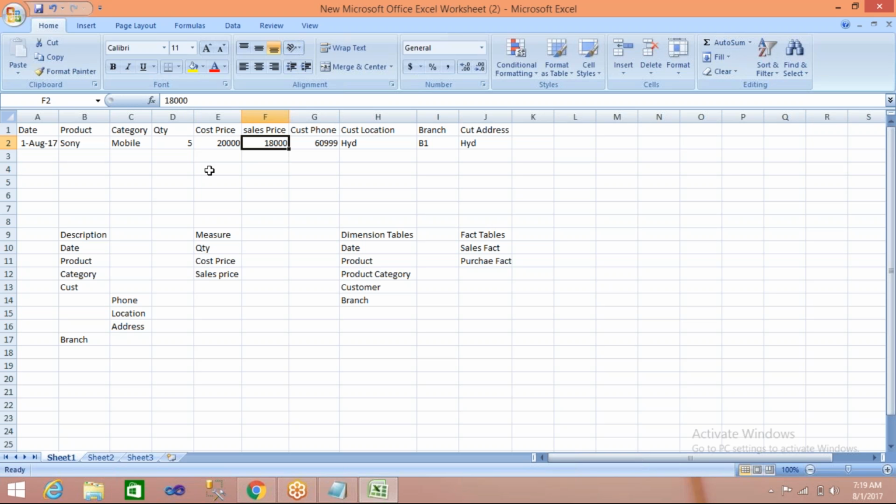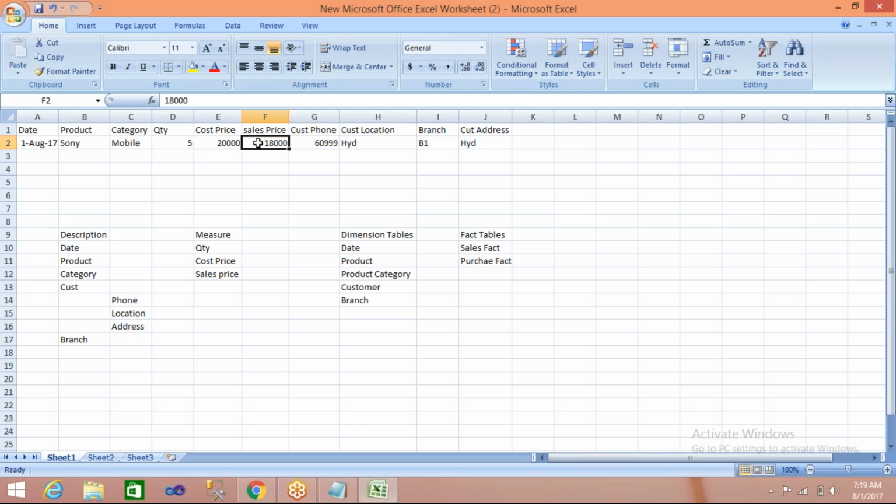If we are talking about the total sales price, then in that case I need to multiply quantity into sales price. So when we are getting the data from the source to the destination, we have to multiply these two things, and we need to save that particular value in the total price column.